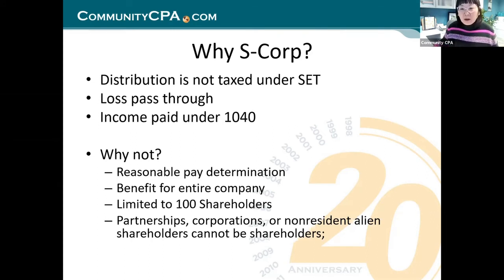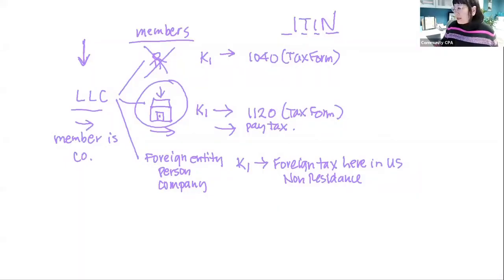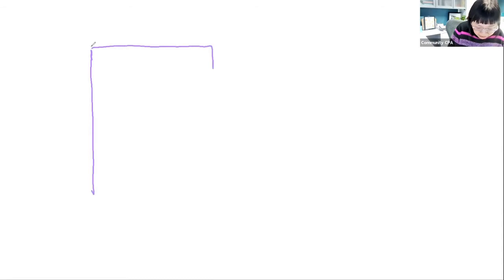Okay, now let me stop sharing this. Share the whiteboard so we can draw something about S-corp. All right, so I will clear this place. The way I want to draw S-corp to you is so that you understand how it works with your 1040.